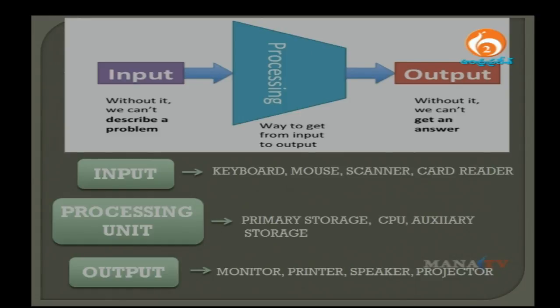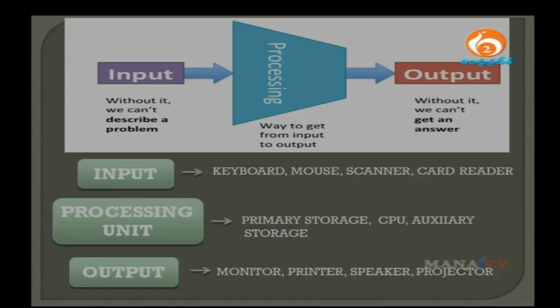Yes. And now we have input here. Some of the examples of input devices are keyboard, mouse, scanner, and card reader, and we have so many right now. And the second is the processing unit. In the processing unit, you have primary storage, CPU, and auxiliary storage. And now let us talk about output.